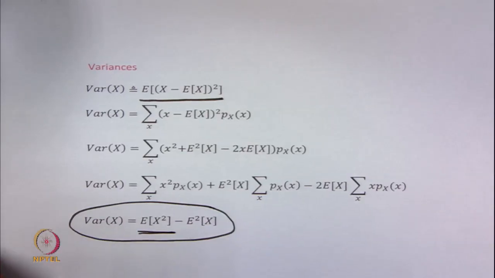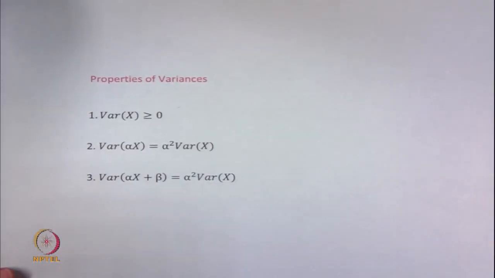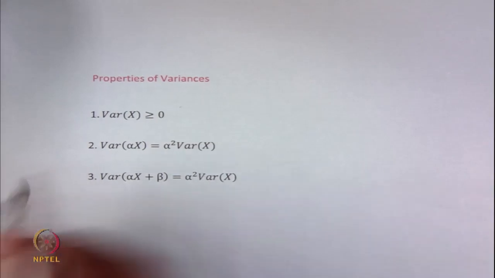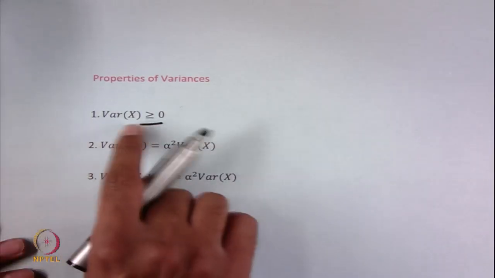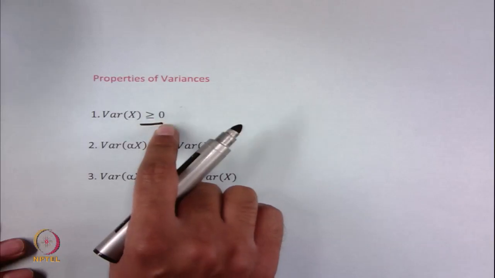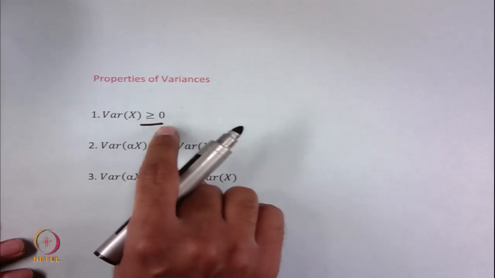So, today we would like to finish this variance by talking about various properties that the variance has. For example, the first property that variance of a random variable has is that it is strictly non-negative. The variance can be 0, or it should always be either 0 or greater than 0, but it can never be negative.